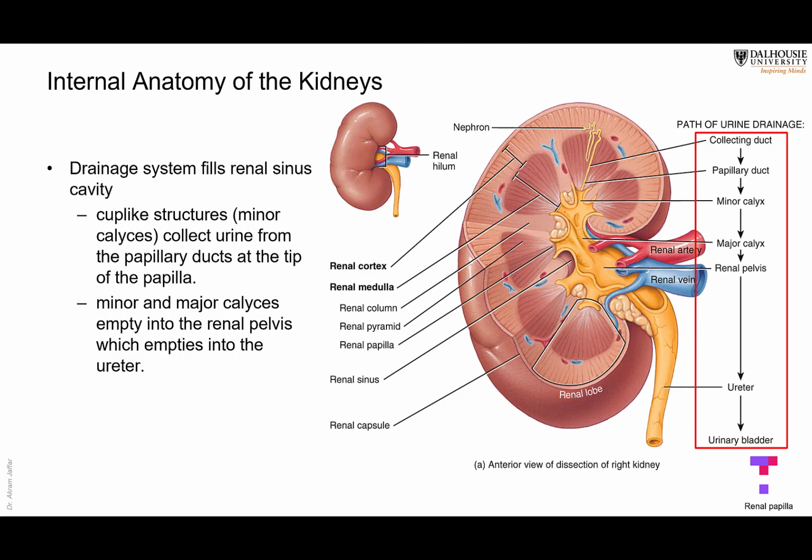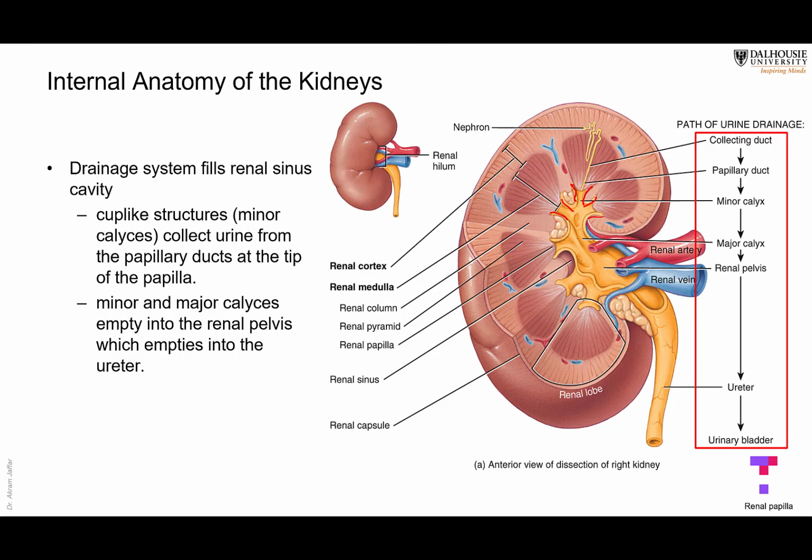So we have here, one of the beginnings of the drainage system is a small cup, a minor calyx. This is another small cup, another minor calyx, and another third minor calyx. So 3 minor calyces, usually 2 to 3 calyces.